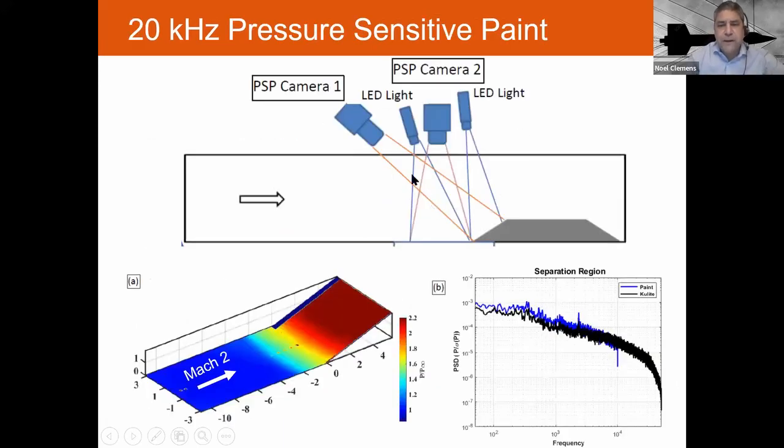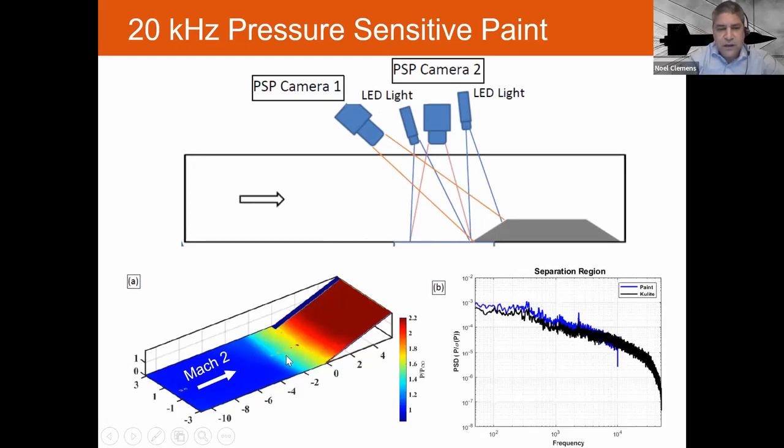Okay, so we also did pressure sensitive paint, and this is more recent work. You basically paint a surface with a paint with a luminophore in it, and then we excite it with a UV light, and then we image that. By calibration, you can relate the signal to the surface pressure.